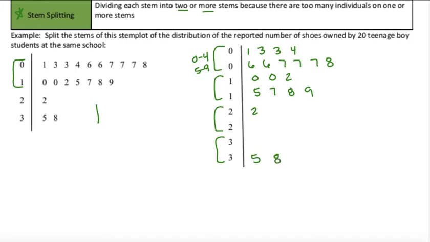And I would get this as my new split stem with a key that maybe I would say 0, 1 is 1 pair of shoes owned by a teenage boy.